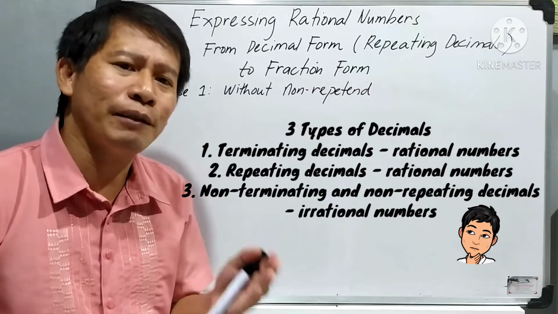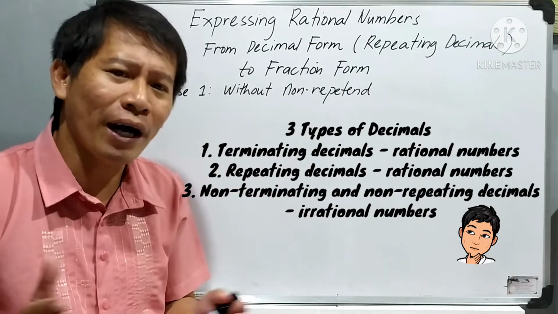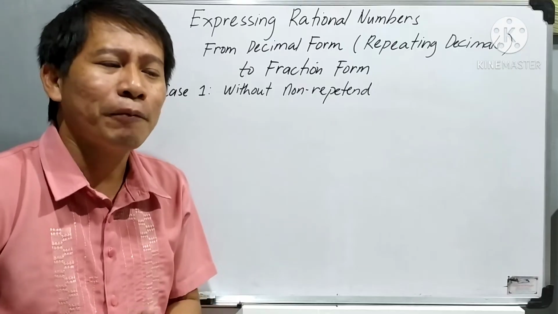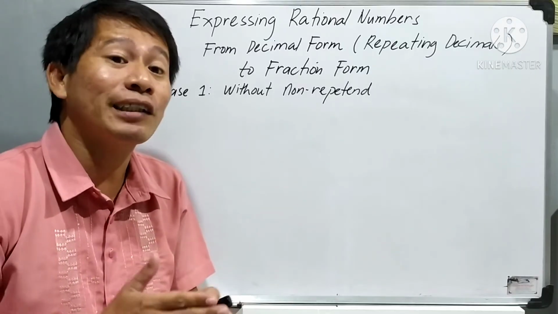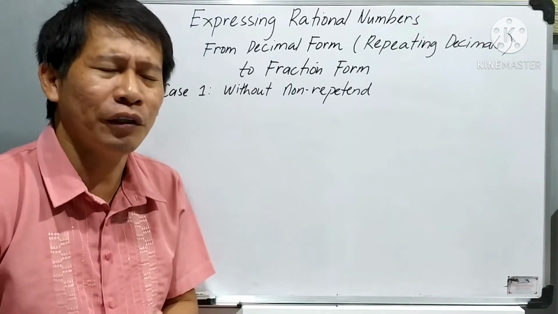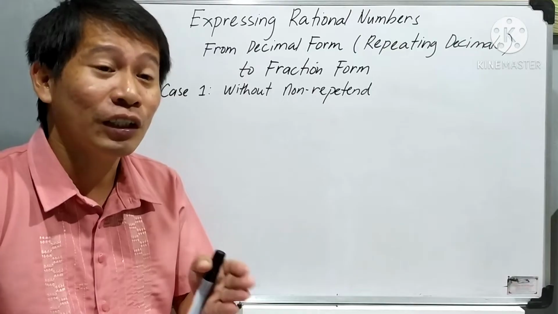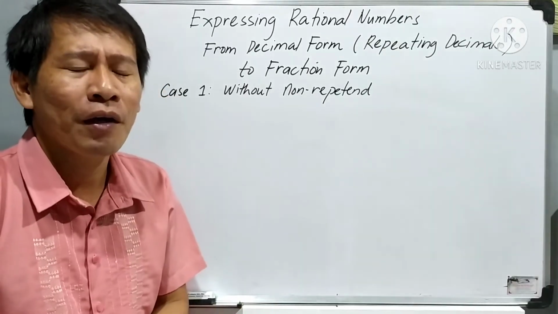And repeating decimals are considered rational numbers. Why? Because repeating decimals can be expressed as ratio of two numbers. Or in other words, repeating decimals can be changed into fractions.